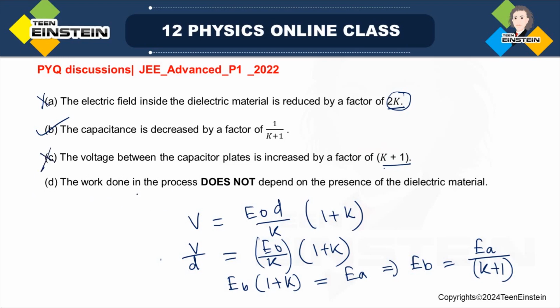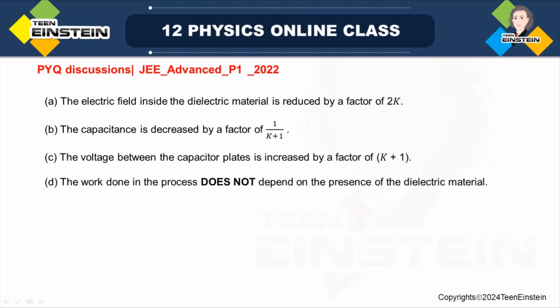Now the last option: the work done in the process does not depend on the presence of the dielectric material. Let us now deal with this. Let me clean this space. So we have seen this is not correct, this is correct, this is also not correct. Now the work done.